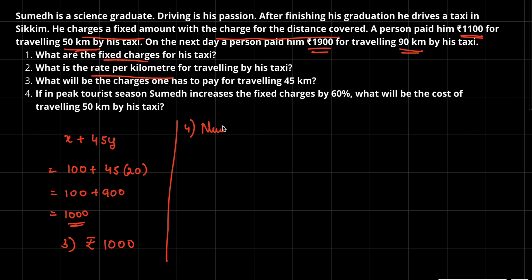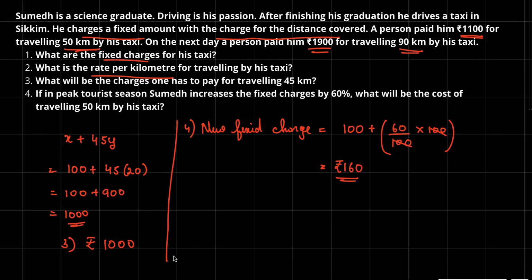So the new fixed charge will be equal to old fixed charge, that is rupees 100, plus 60% increase of the old charge. So 60 divided by 100, that is nothing but 60% of the old charge is increased. 100 cancels with 100. 100 plus 60 is 160. So the new fixed charge will be rupees 160.